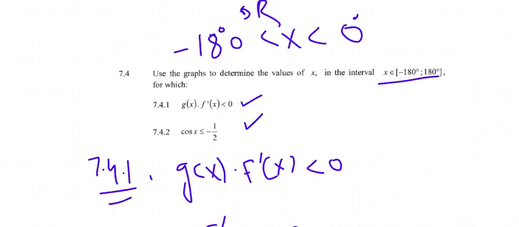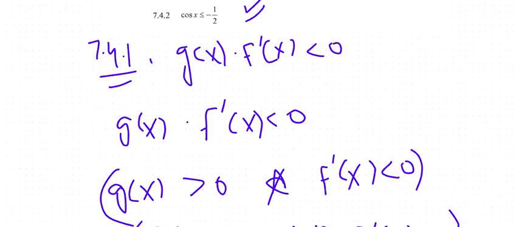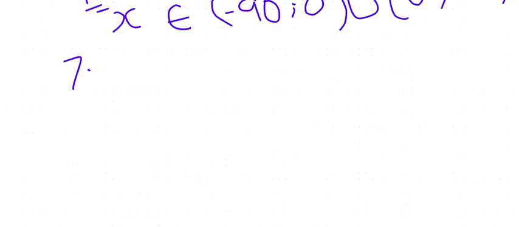Okay, so what is 7.4.2? It is cos x less or equals to minus 1 by 2.